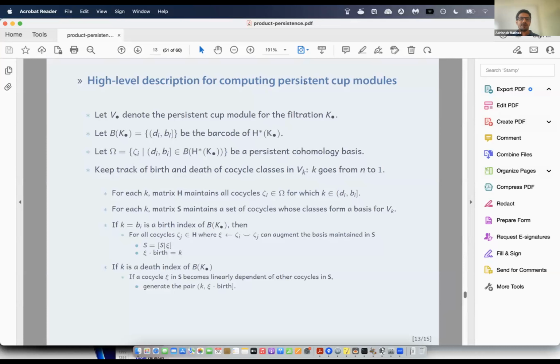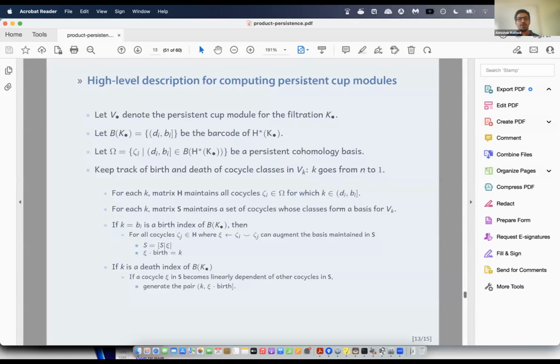We do a matrix reduction to check if there is indeed a co-cycle zeta that becomes linearly dependent on the other co-cycles maintained in S. If this is so, then we have found the death index of an interval in the cup module, because the representative becomes 0, and we already know its birth from a previous iteration. Now we also know its death, so we have found an interval, and we generate this persistence pair.